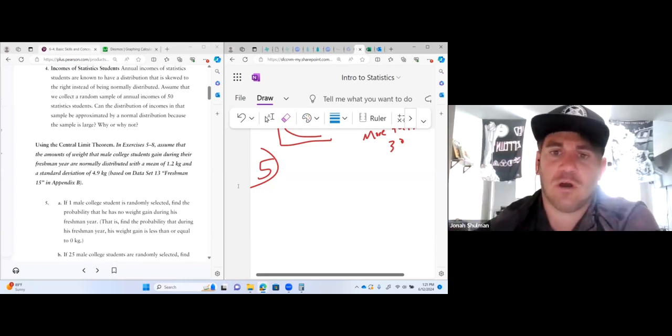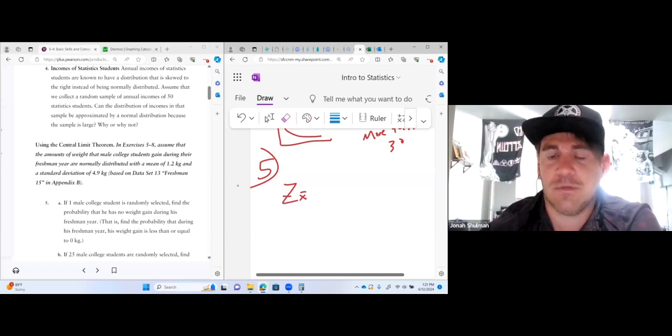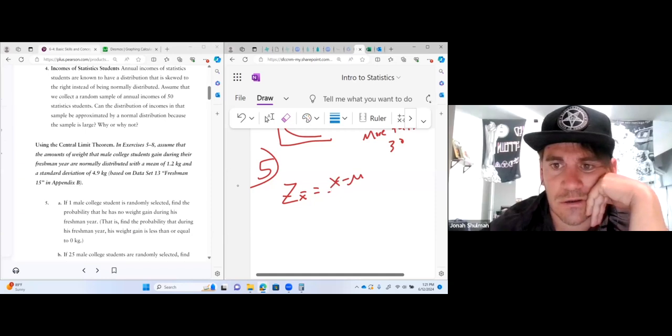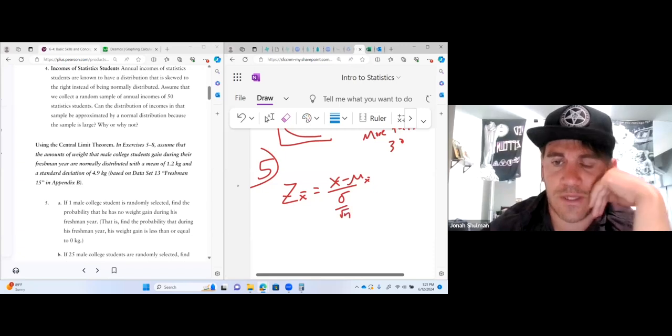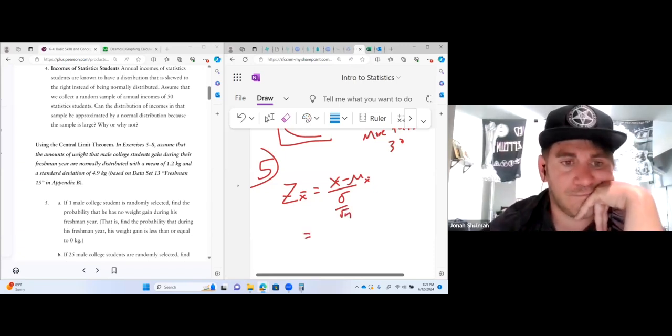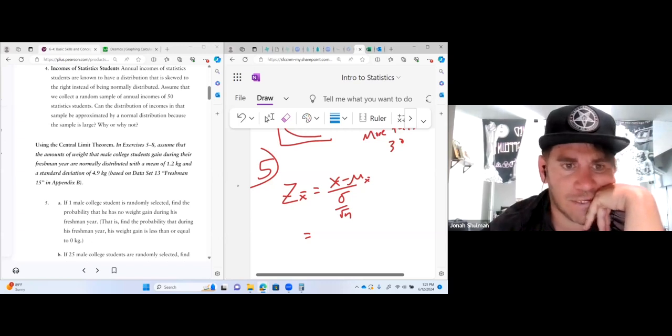Okay, so basically all we need to do is this z. I'm going to have it look like that so I don't mess it up. So what is it? It's our x minus the mean over the standard deviation over the square root of n. Nothing crazy about this. So his x is going to be 0, right?